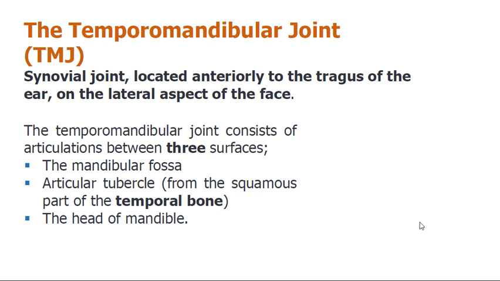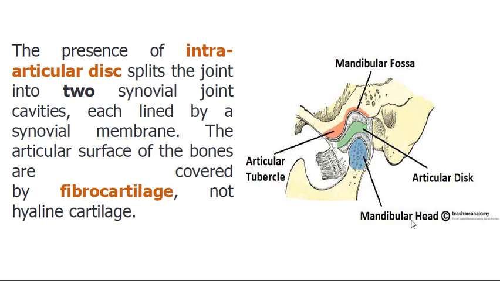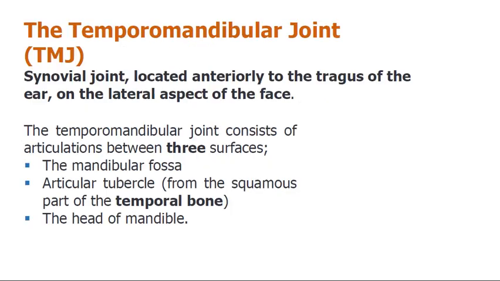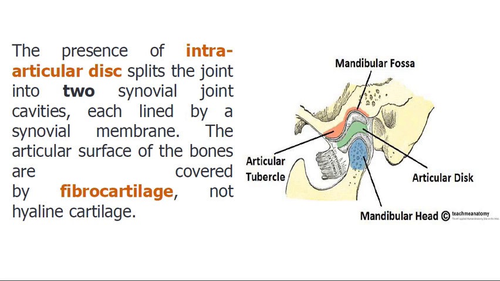This temporomandibular joint consists of the articulation between three important bony surfaces. The first one, the mandibular fossa in the skull, as seen here in this picture. The second surface is the tubercle of the temporal bone, called the articular tubercle, from the squamous part of the temporal bone.